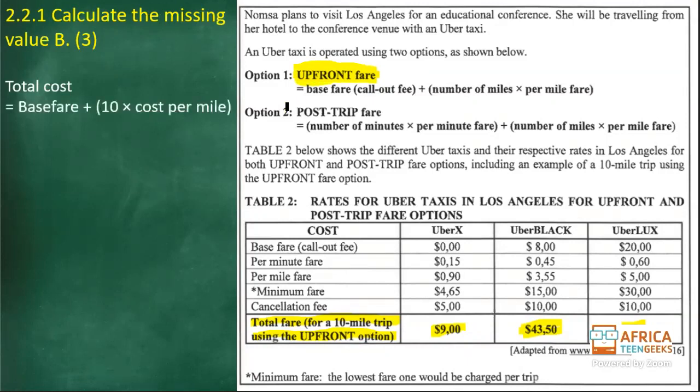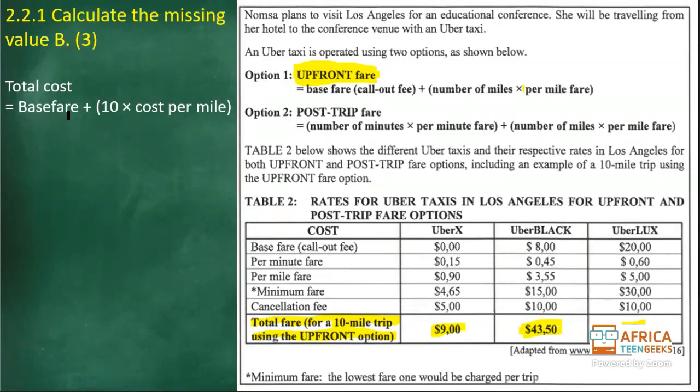That means it would be the base fare, which is the call out fee, plus number of miles multiplied by per mile fare. We already know the number of miles because it's clearly indicated that this is a 10-mile trip.